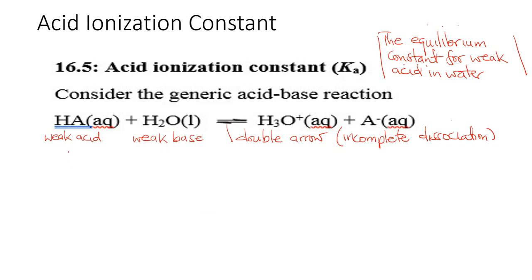So we use the expression Ka, that is the acid ionization constant, is equal to H3O plus times A minus divided by HA.